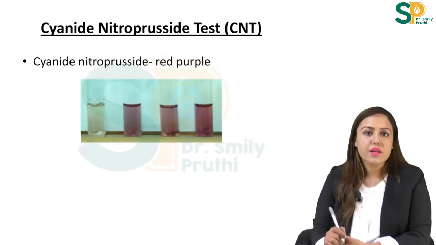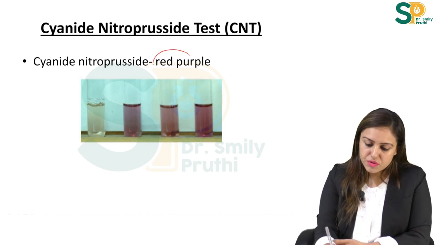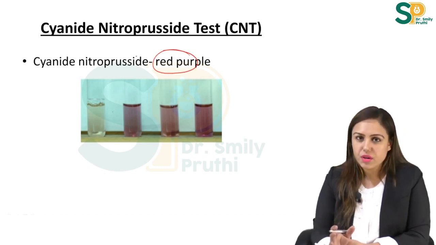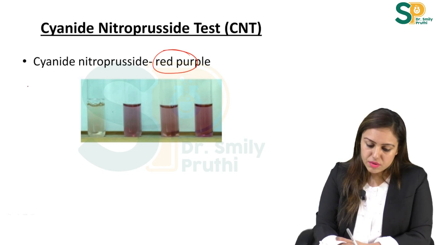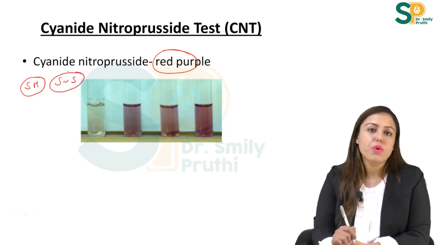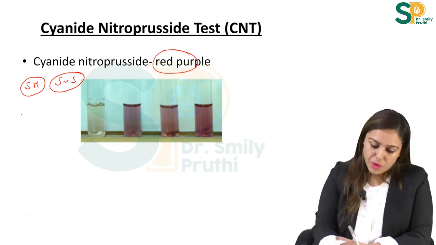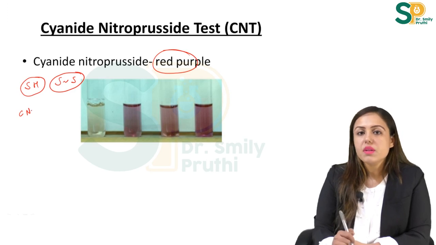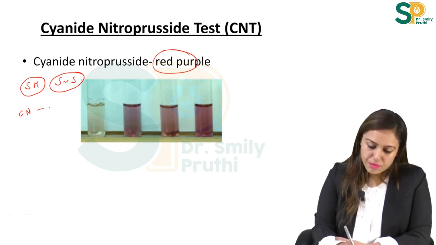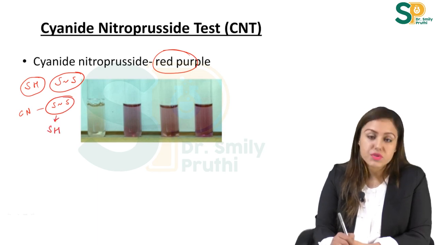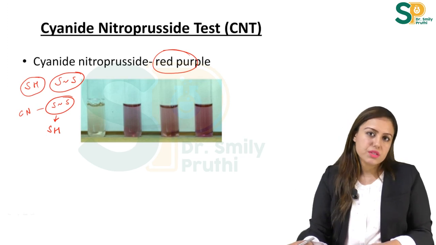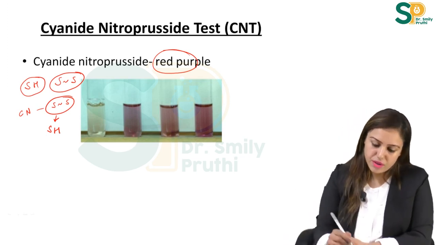Then coming to the cyanide nitroprusside test, which gives a reddish purple or magenta color. Here any compound having a sulfhydryl group or a disulfide bond will give this test positive, because cyanide will break the disulfide bond, releasing sulfhydryl.